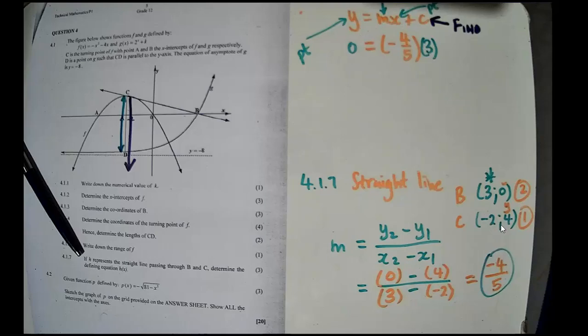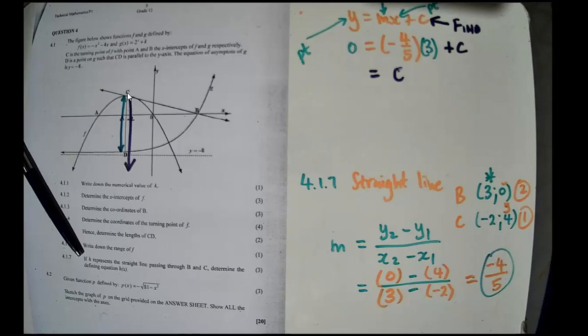If you substitute the point (-2, 4), you won't be wrong. When I say the point 0 and 3, don't get me mistaken, it's the point 3 and 0, where y is 0. If you substitute point C, you will substitute 4 there and minus 2 there. You'll get the same answer. So no worries. Plus c.